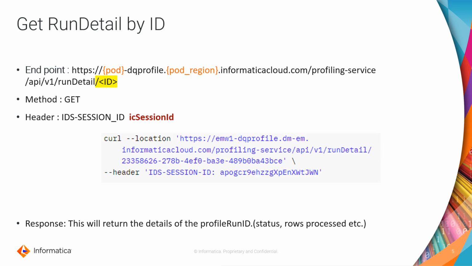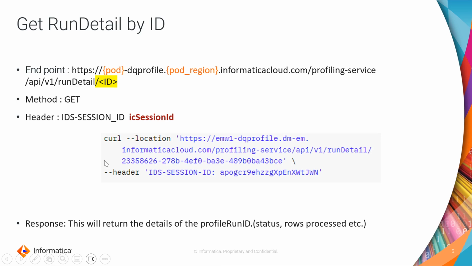Once we get the profile run ID, to check whether that profile ran successfully or failed, we can use get run detail by ID. This API will use the get method. It takes the ID as part of the API endpoint.